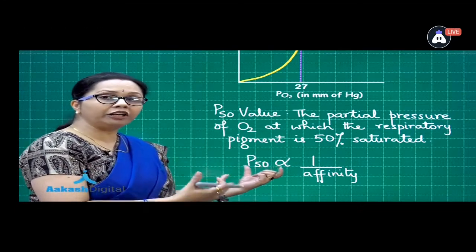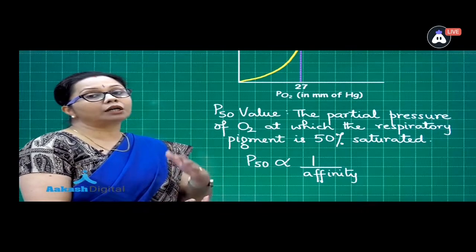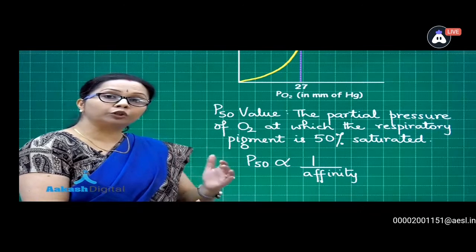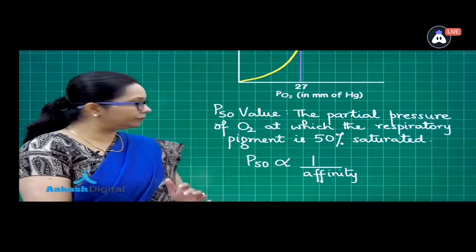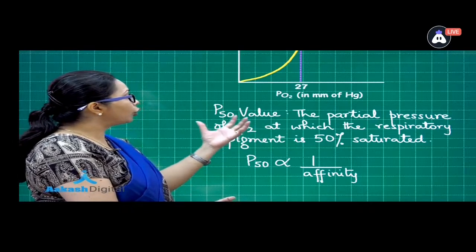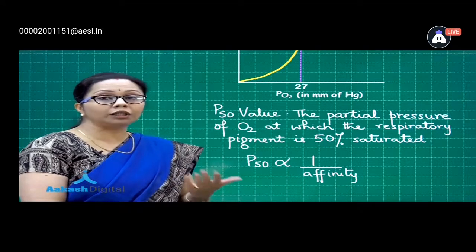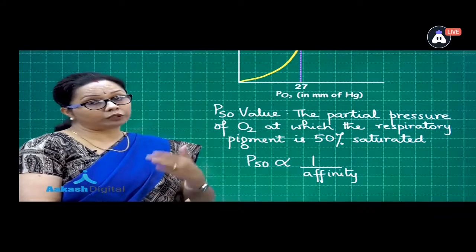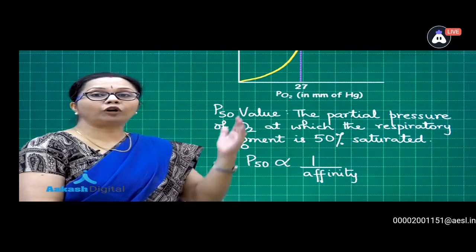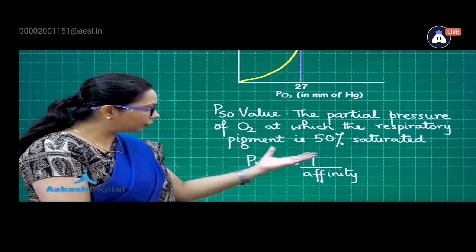That means even if a smaller amount of oxygen is available to us, the pigment will suitably bind with the oxygen. Now let us see the factors which are going to affect this P50 value. The P50 value can alter, and how that will affect the affinity and what will happen to this curve will be followed after this.